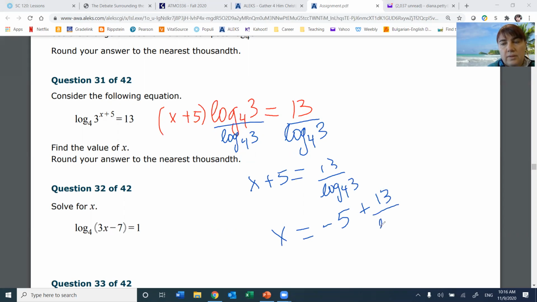So from here, you just have to find the answer using a calculator. See what Elizabeth would get. 11.404. It's okay, it's close enough.